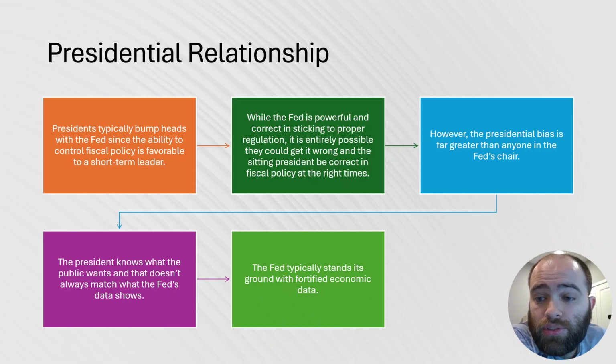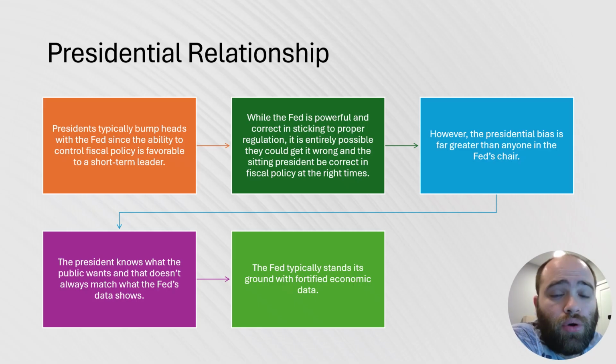However, the presidential bias is far greater than anyone in the Fed's chair. The president knows what the public wants, and that doesn't always match what the Fed's data shows. And typically, the Fed stands by its data, and there's a lot of pressure to keep that going.